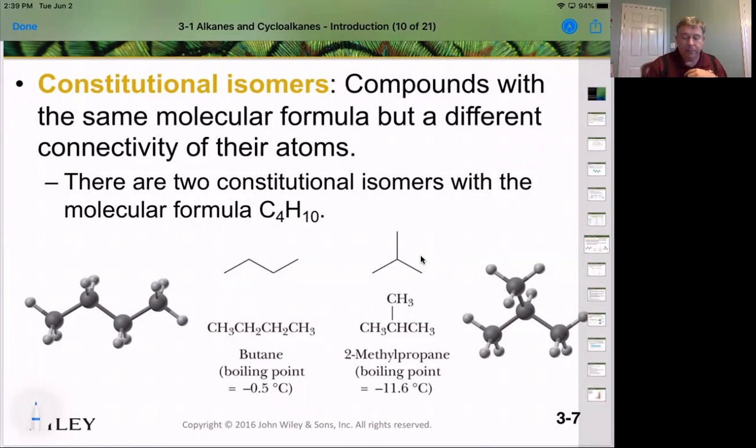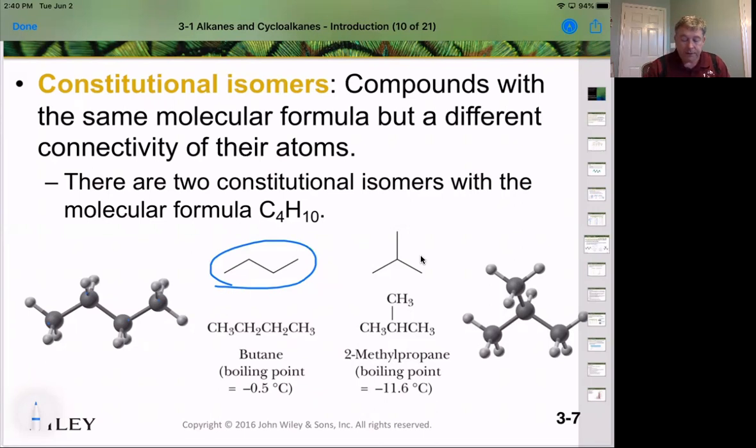For example, if we have 4 carbons, and our structure is fully saturated, which makes it have 10 hydrogens, we can draw that in a number of different ways. In this first drawing, all of the carbons make a single linear chain. And we call this the straight chain hydrocarbon, okay?